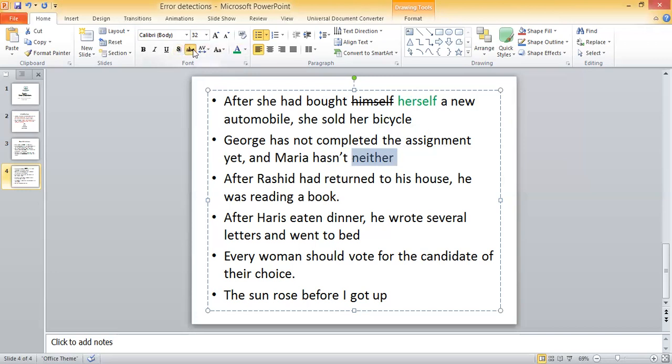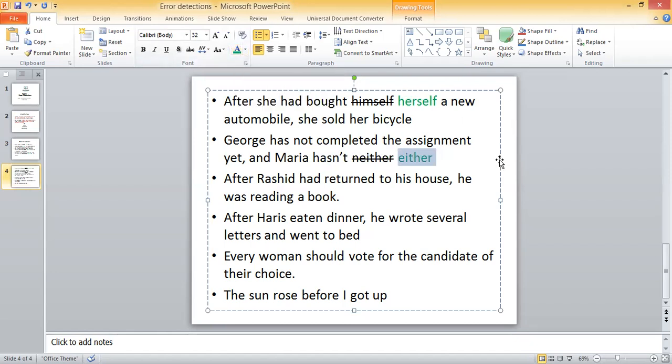Because तब जो है ये मीनिंगफुल हो जाएगा. एंड either तब इसका जो है सेंटेंस का जो स्ट्रक्चर है वो पूरा हो पाएगा. Otherwise, this won't be complete. Hasn't neither is never an English structure. So haven't, hasn't either. यानी कि जॉर्ज ने भी काम नहीं किया और मारिया ने भी काम नहीं किया.